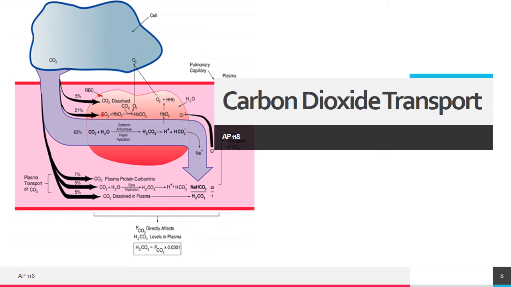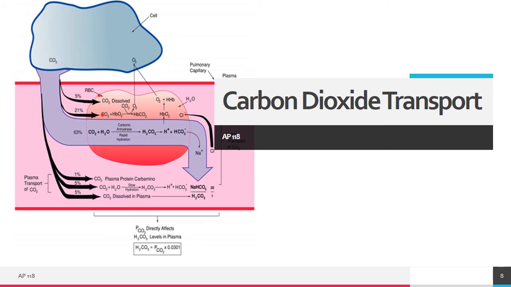So let's talk about how carbon dioxide is transported to the lungs. An understanding of carbon dioxide transport is essential to the study of pulmonary physiology and the clinical interpretation of blood gases. At rest, metabolizing tissues consume about 250 milliliters of oxygen and produce about 200 milliliters of carbon dioxide every minute.